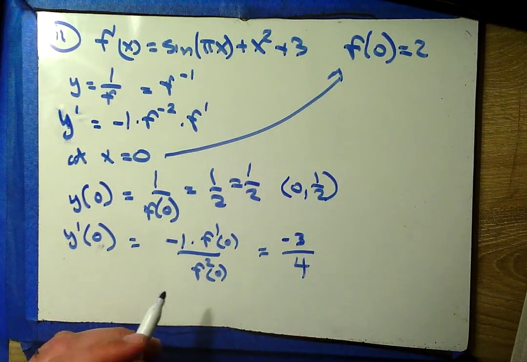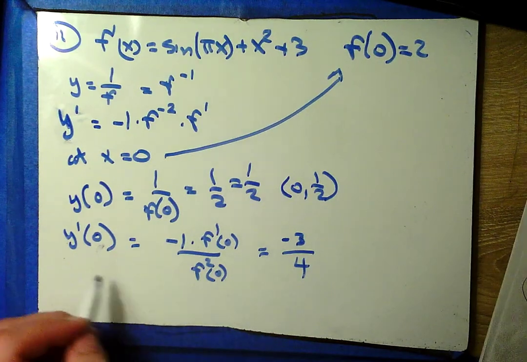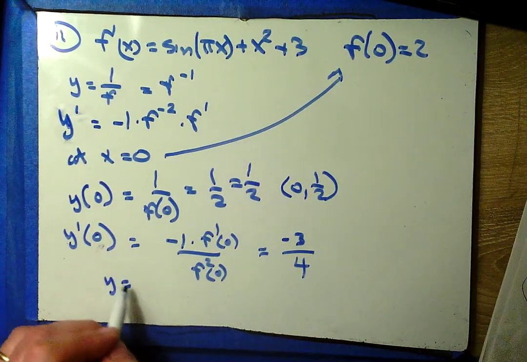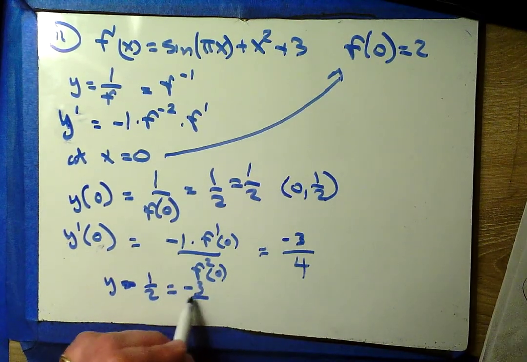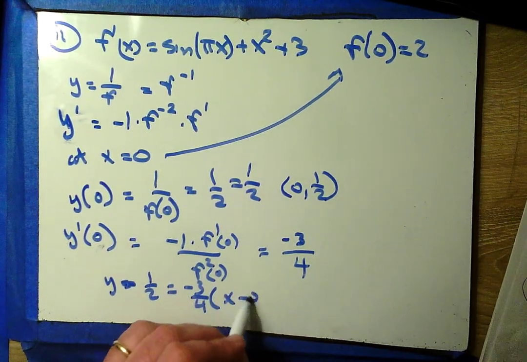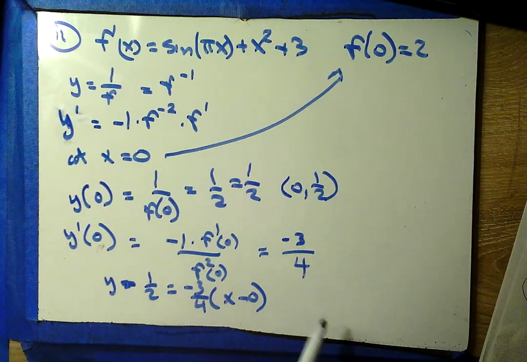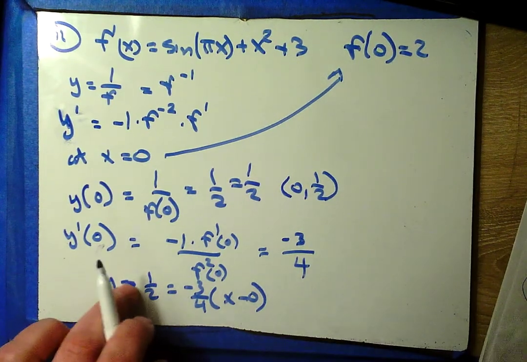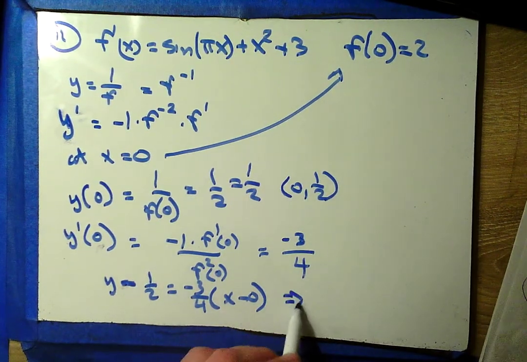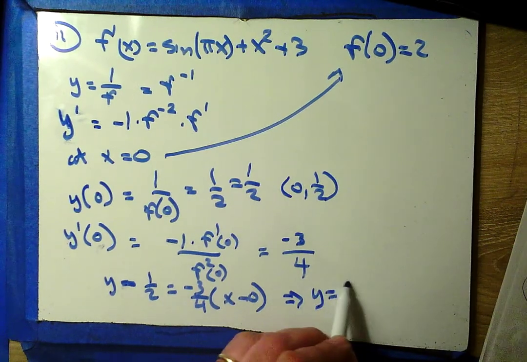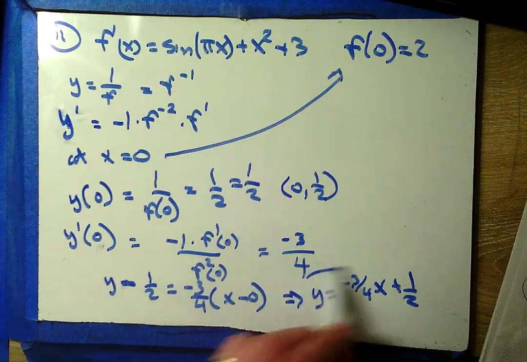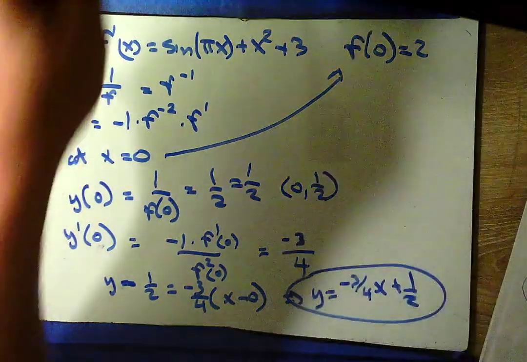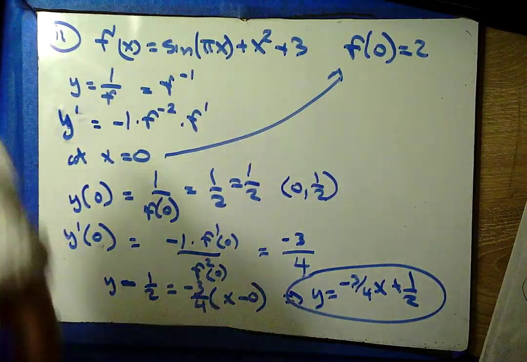So I'm looking at y minus 1/2 equals negative 3/4 x minus 0, and if I wanted to take this further, it could be y equals negative 3/4 x plus 1/2. Okay, there was part A. That took the whole board.